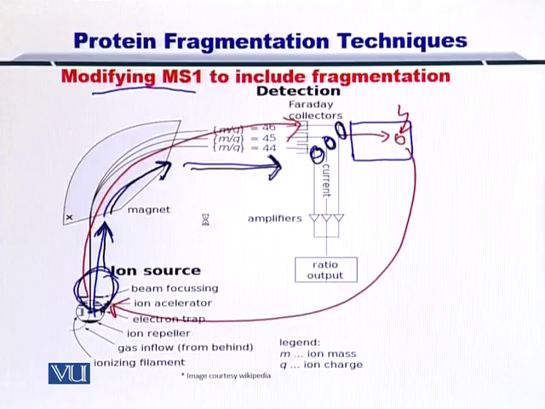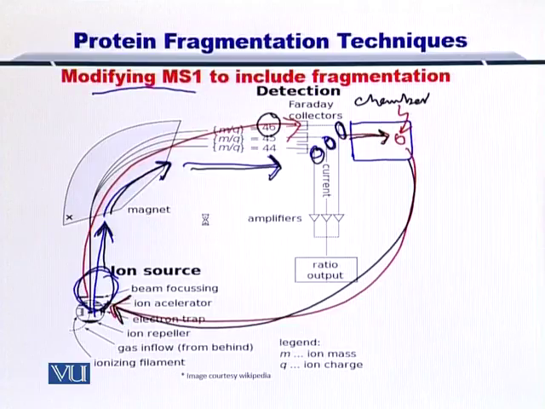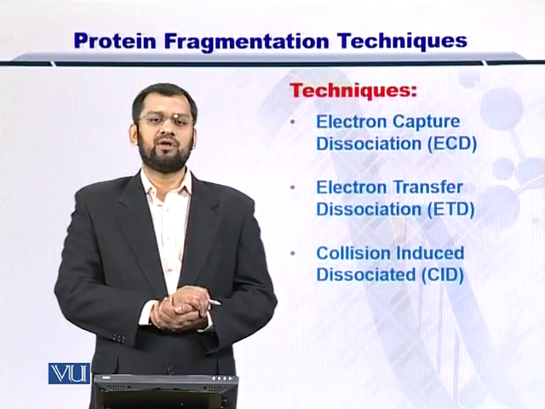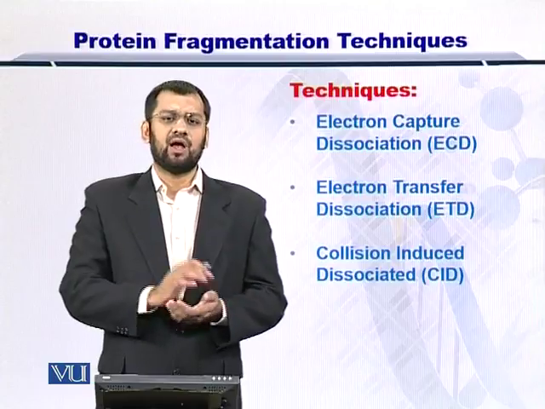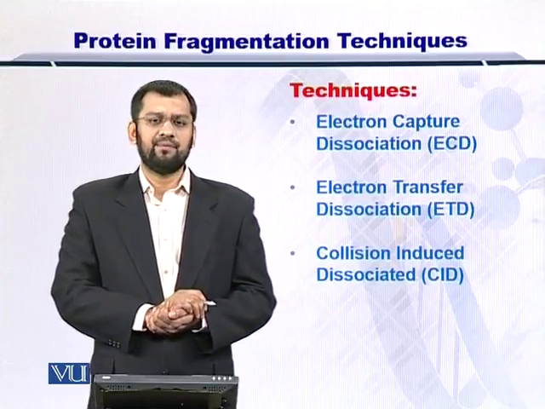If you select a specific mass over charge ratio, then this can be forwarded into a new chamber, the fragmentation chamber, and you can fragment it and give it back through an injection into the mass spectrometer for further analysis. So this fragmentation is very important, and there are several strategies that are used in the fragmentation chamber. I will just introduce them to you briefly.